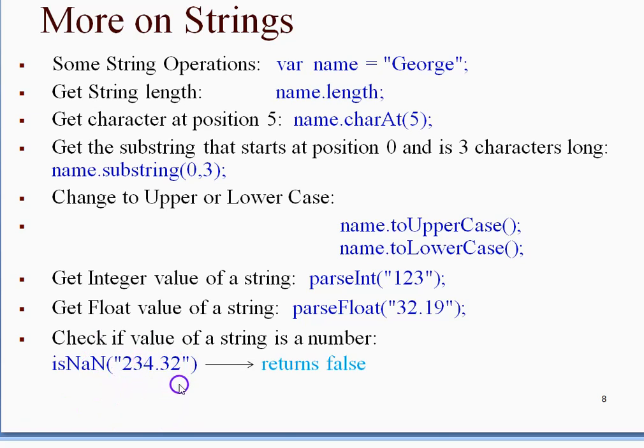If this was a string consisting of alpha characters, then that could not possibly be interpreted as a number. It could not be cast as a number, and therefore it would return true, that it is not a number.